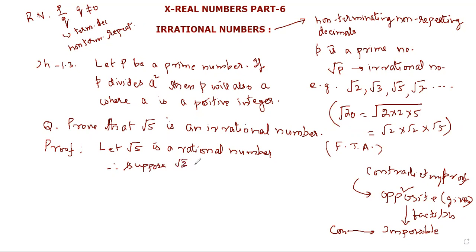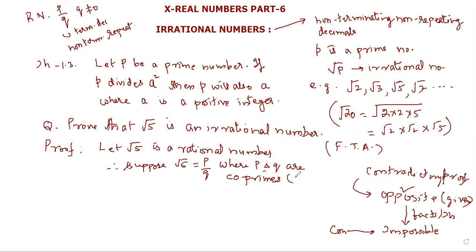This implies that √5 is equal to p/q, where p and q are co-primes, and q is not equal to 0. p and q are integers. That you can also write, but the main important thing is that p and q are co-primes.